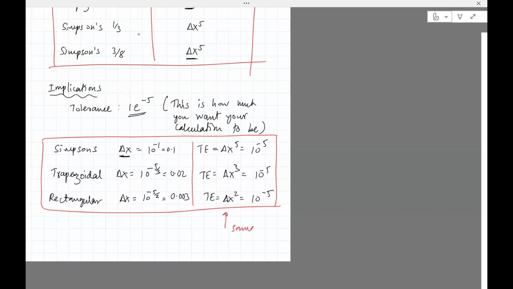So the same accuracy, all of them giving you a total error of 10 raised to negative 5.